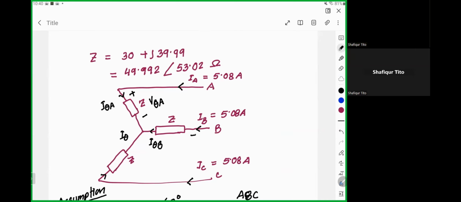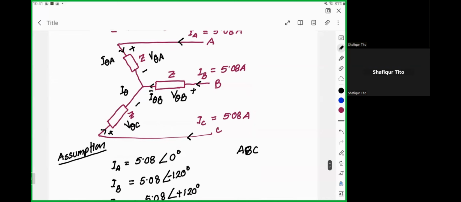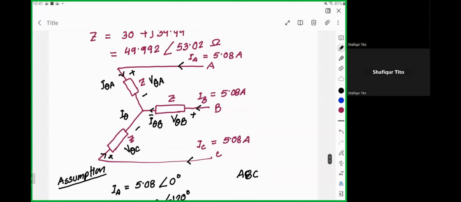So this one will be the positive terminal, this will be the negative terminal. This will be V theta B. And this will be my positive terminal, this will be the negative terminal. This will be V theta C. All right. Following?